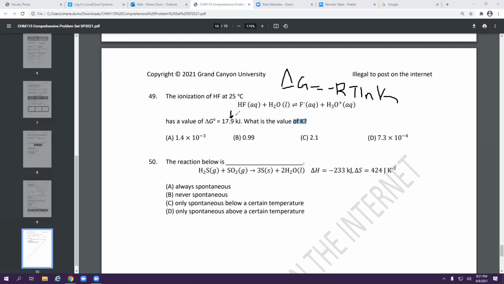So 17.9 times 1,000, not 100,000. Oops. There you go, one less 0. Minus 8.314 times 298 ln of K. We'll keep this separate.